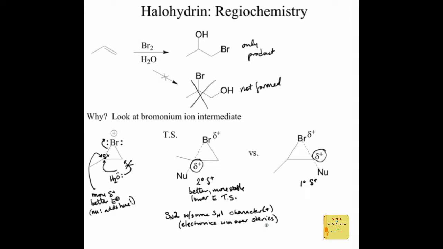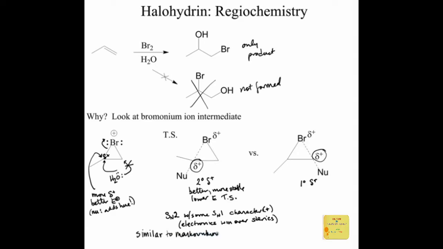Okay, so that explains our regiochemistry then. The nucleophile goes to the more substituted carbon. We can't really describe this as Markovnikov or anti-Markovnikov because we're not adding a hydrogen, but this is similar to the Markovnikov rule that we've seen.